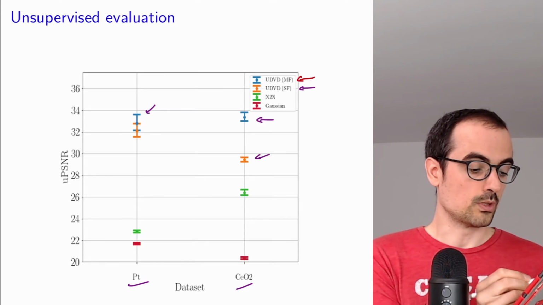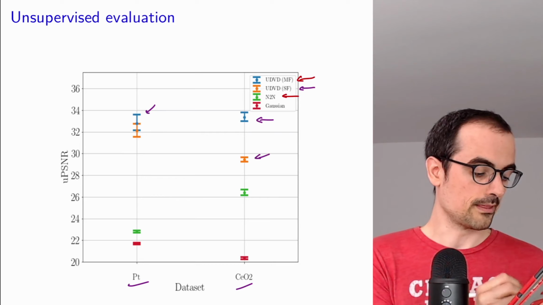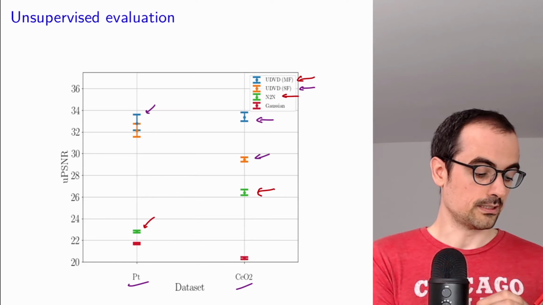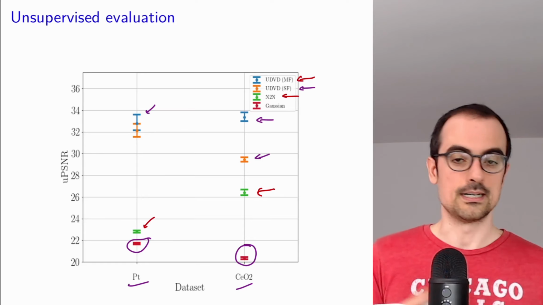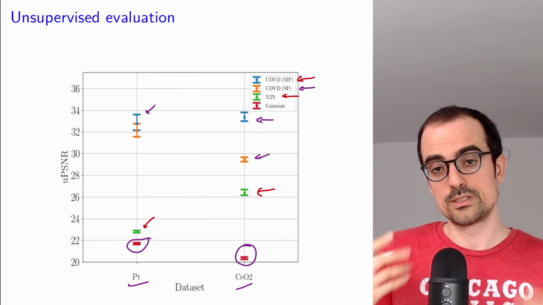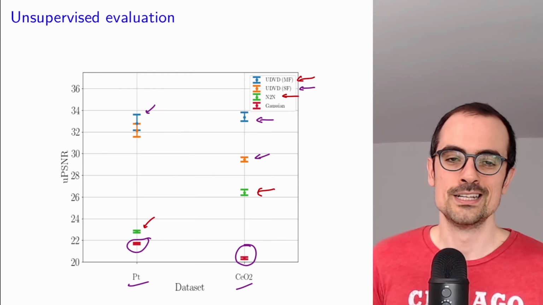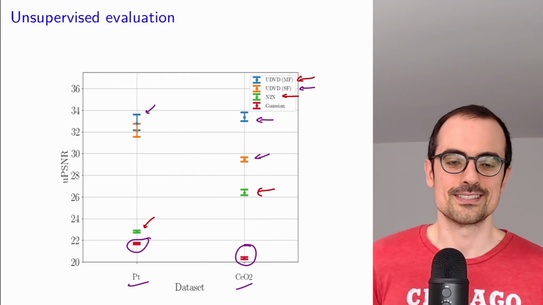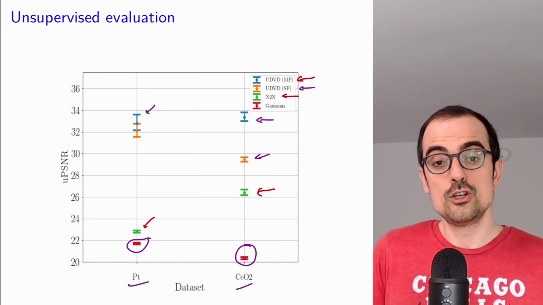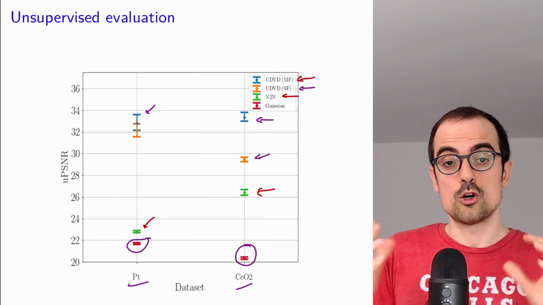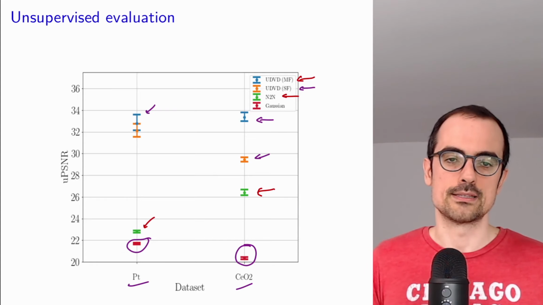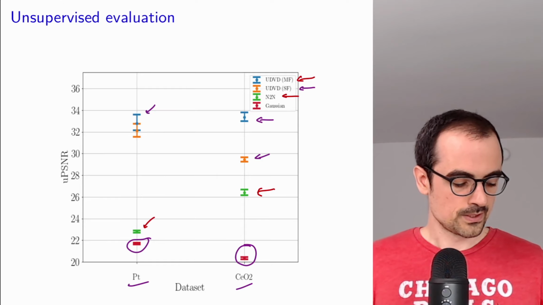We also determined that it was better than this neighbor-to-neighbor method, which we mentioned in the video on supervised denoising, and much better than linear shift invariant denoising using a Gaussian filter, which, as we saw before, the visual difference between these methods is quite remarkable. So thanks to the unsupervised evaluation, we can know how we are doing on average on noisy datasets and determine what method is better for which dataset.